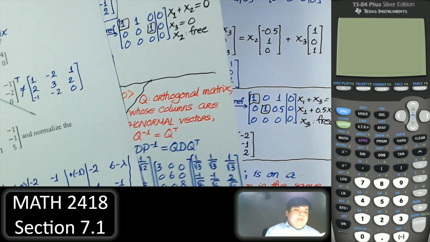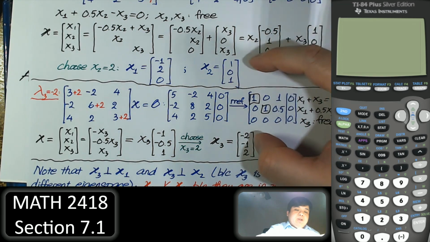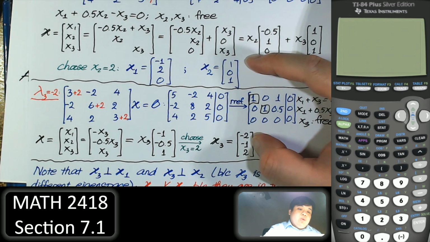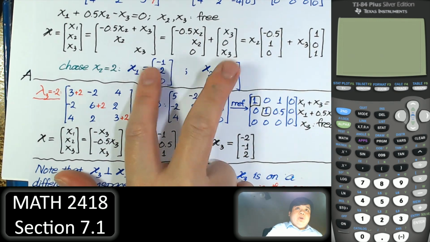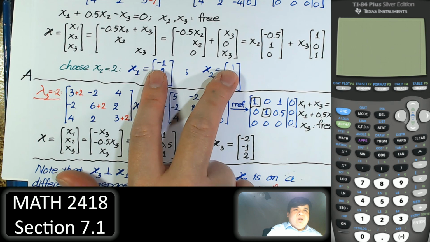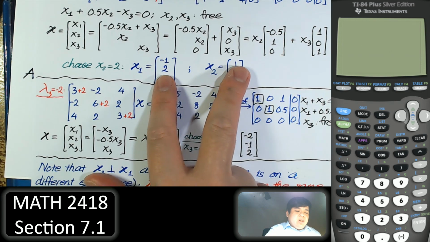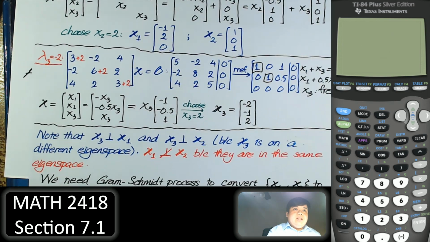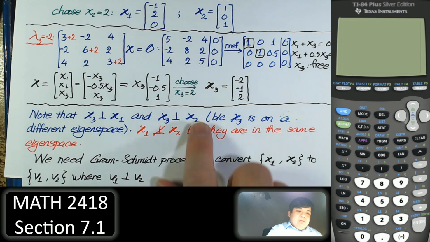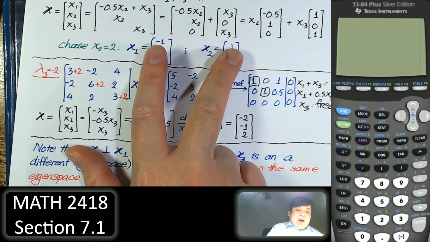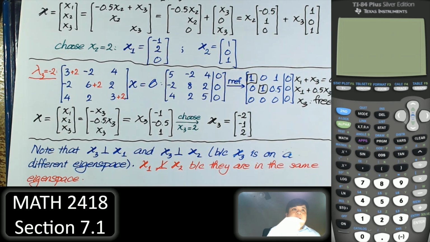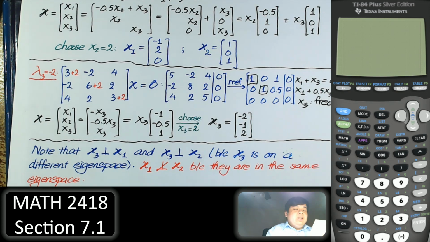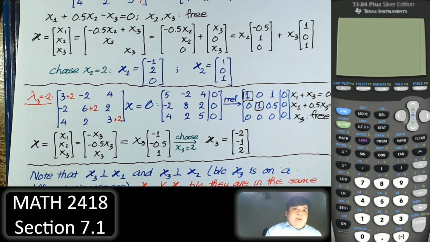And the vectors from different eigenspaces will be orthogonal to each other. So x3 is orthogonal to x2, and x3 is orthogonal to x1. Those two may or may not be orthogonal to each other. In that case, what we do is simple. Use the Gram-Schmidt process to find two vectors that are orthogonal in this space, and those two vectors and this vector together will form an orthonormal basis, and it is still orthogonal diagonalization.